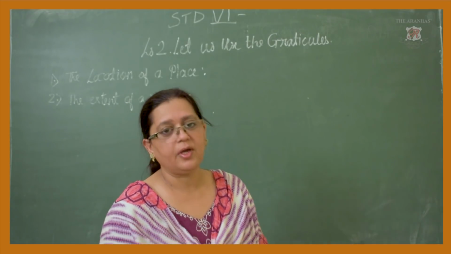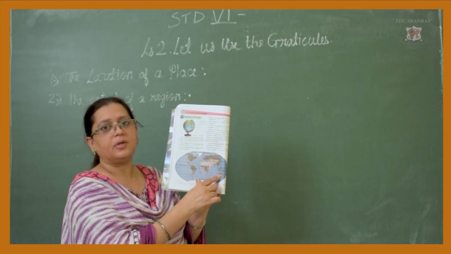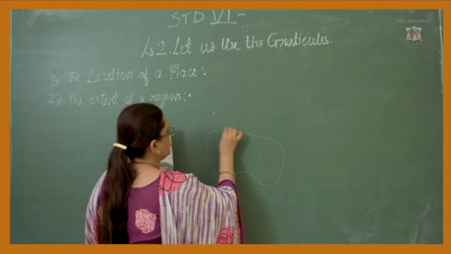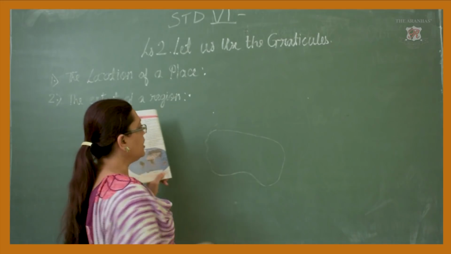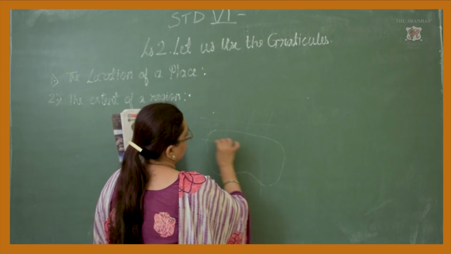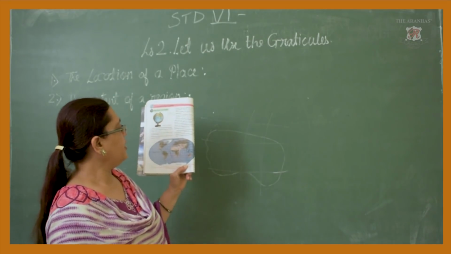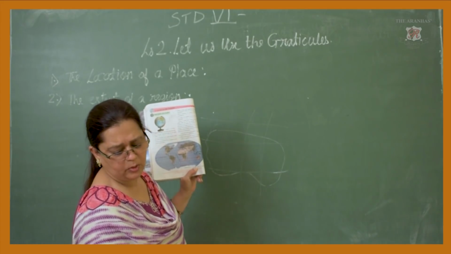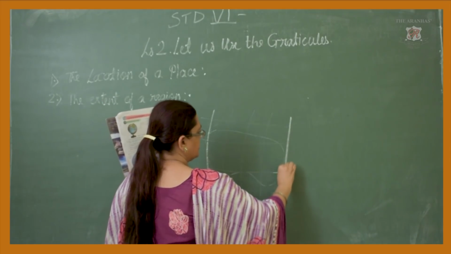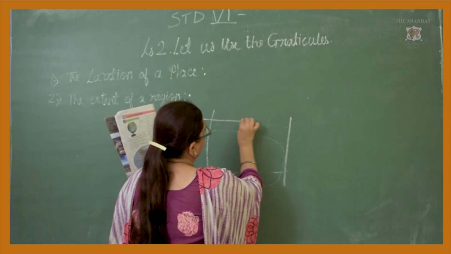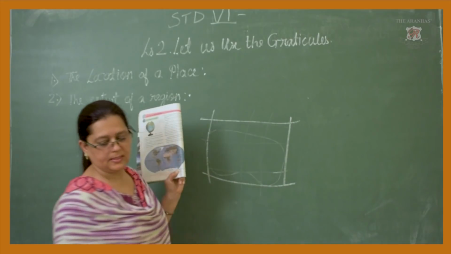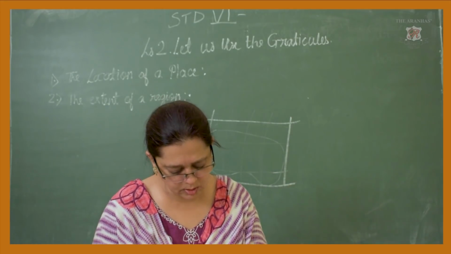You can see Australia over here in the map, with parallel lines and meridian lines. We need to consider two parallels, one this and one this, and two meridian lines. Children, understood?